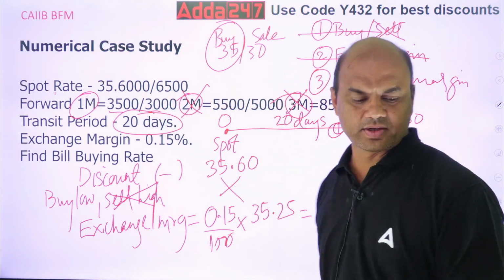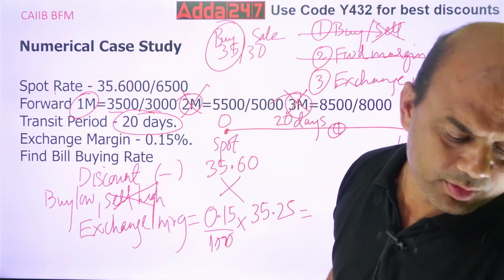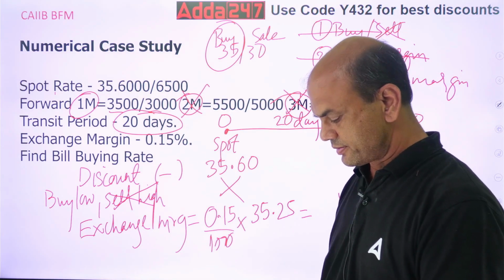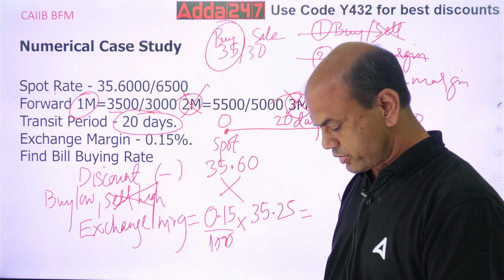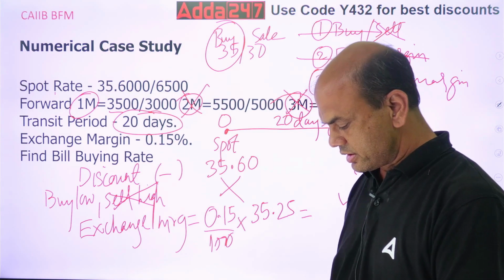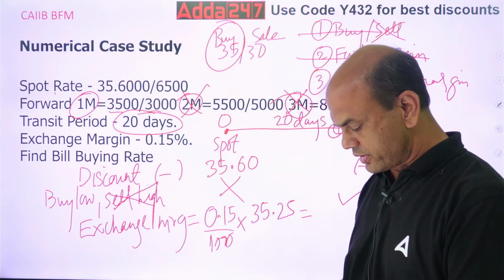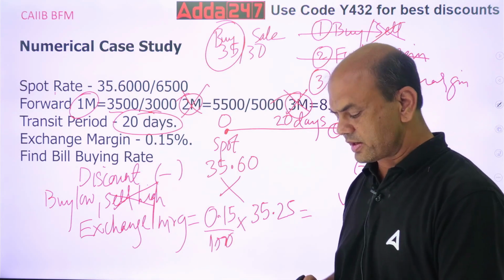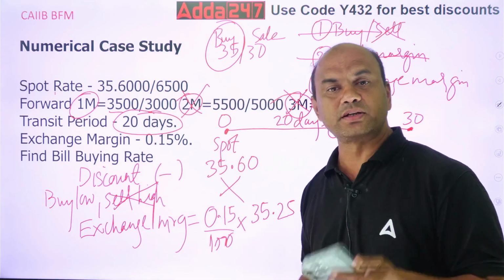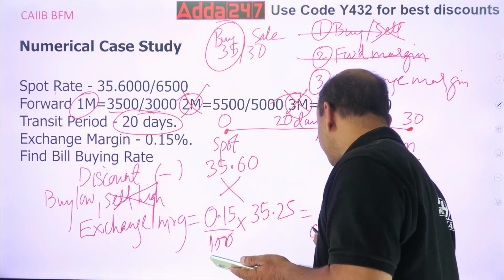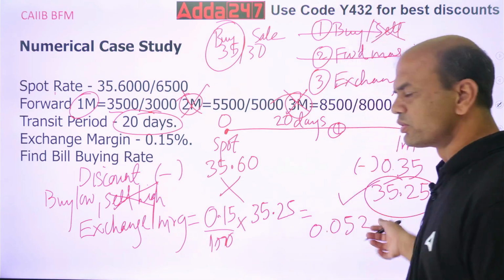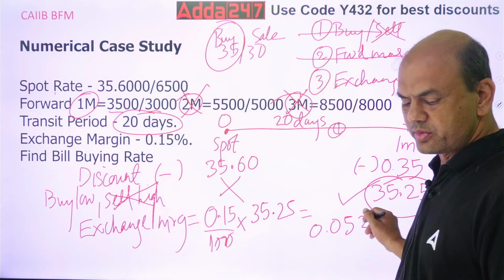Do this, everyone: 0.15 upon 100 into 35.25. What are you getting? 0.052. Are you getting this? Everyone give me the answer. 0.052. The 8 is also there, take only 2 points. Leave that 8.